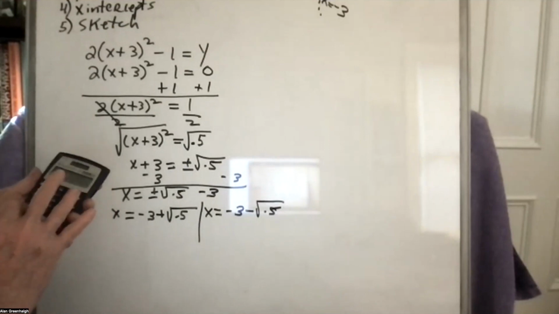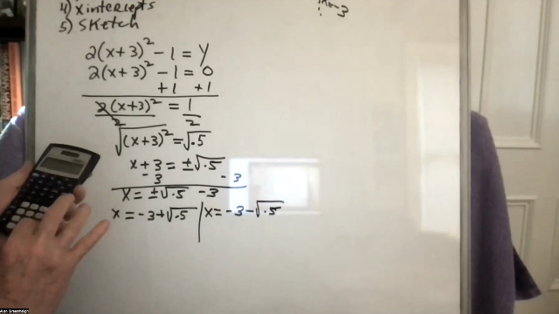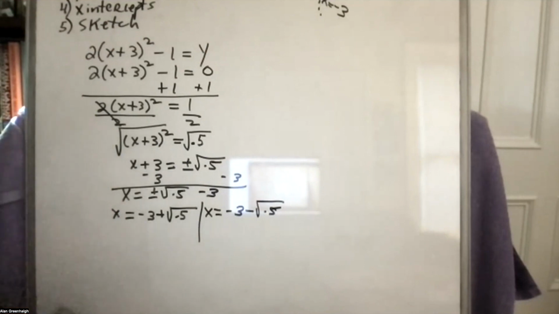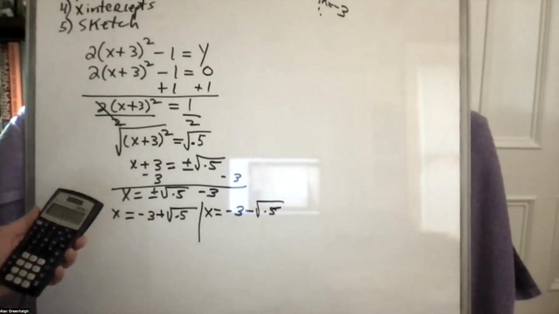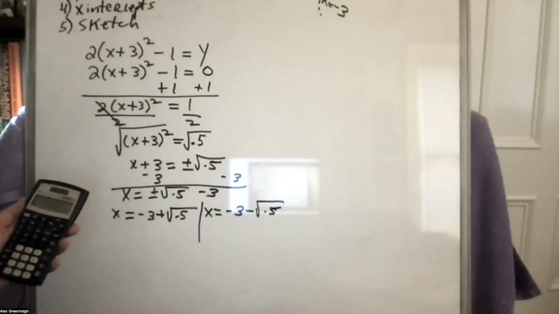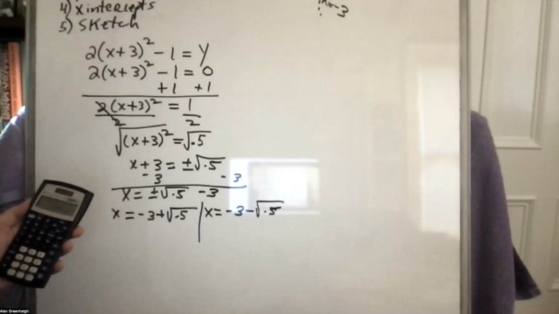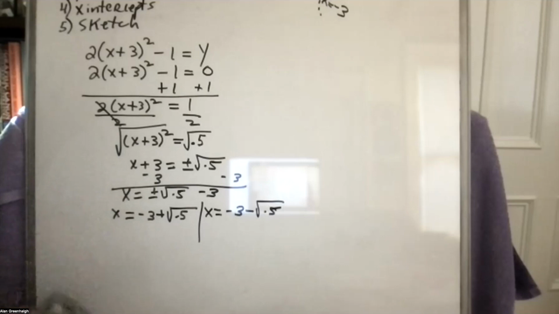And now we take our calculators and we find the square root of 0.5. Second function, square root of 0.5, and 0.7. Whoops, that can't possibly be right. Oh, wait a minute, maybe it's right. Yeah, it's right. It's not the square root of 5, it's the square root of 0.5, so 0.7.